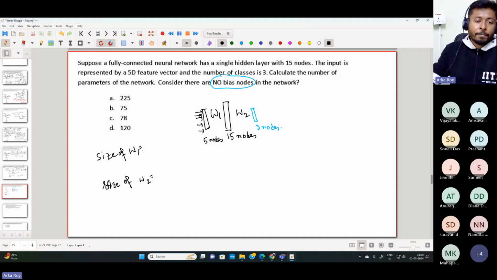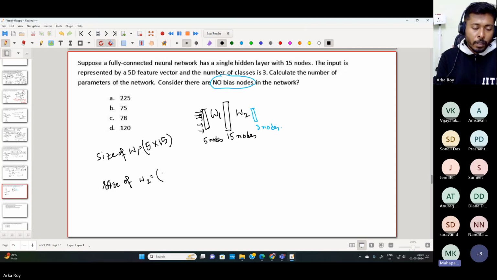Yes, anyone? 5 into 15, so 15 nodes. That means you have 5 rows and 15 columns, and similarly over here, what will be the size of W2? 15 into 3. That means 15 rows and 3 columns.